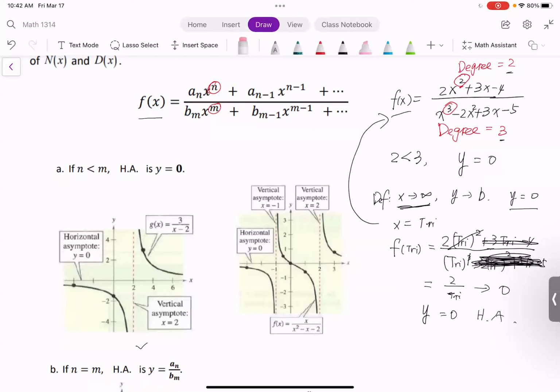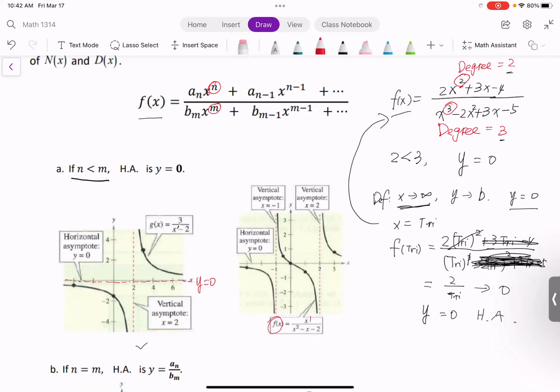And the bottom degree is 1 because x is x to the 1. So the bottom degree is 1, top degree is 0. That means we're having the first case, n less than m, horizontal asymptote is 0. So the horizontal dash line represents y equals 0, that's the horizontal asymptote. And the second example, the function f of x equals x divided by x squared minus x minus 2.